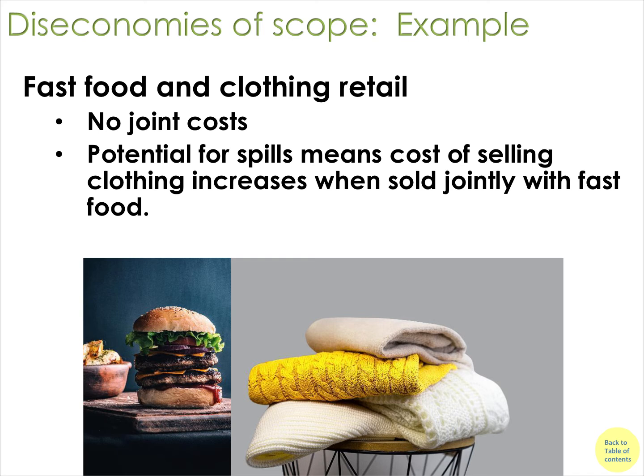Now, just to make it clear, let's think of ridiculous alternatives that would never work. Should you open a store that sells white sweaters and ketchup-laden hamburgers? Probably not. You want to think about the joint resources, but also think about the joint dangers.